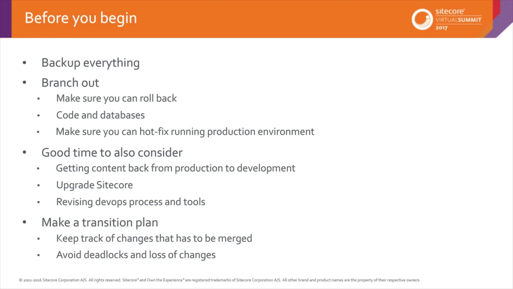So make a transition plan. Ensure that you keep track of changes that have to be merged back into the refactor solution code base, and also ensure that you avoid deadlocks. That means avoid deadlocking any of your Sitecore environments. Of course, it's not good to tell the customer we cannot deploy this urgent hotfix before the refactoring is done and has been deployed.